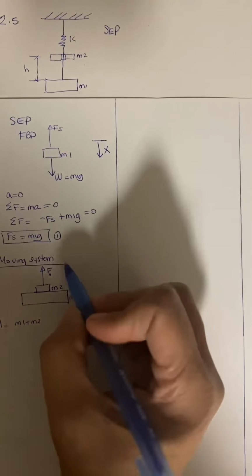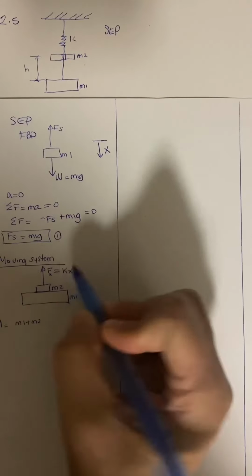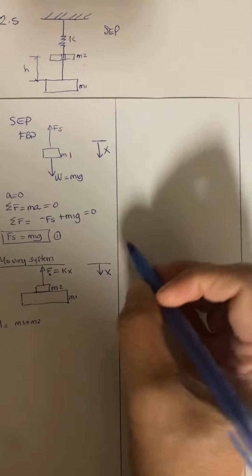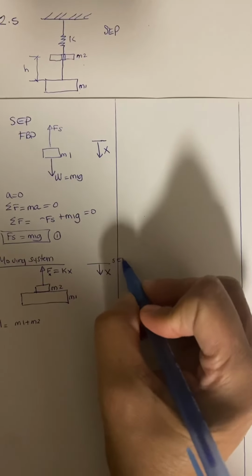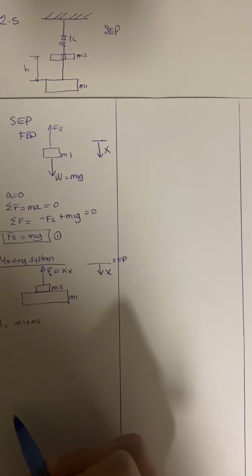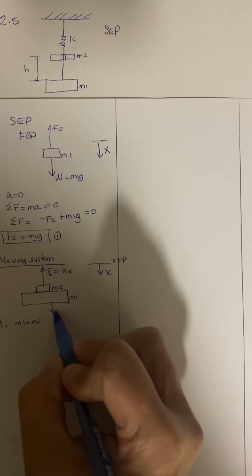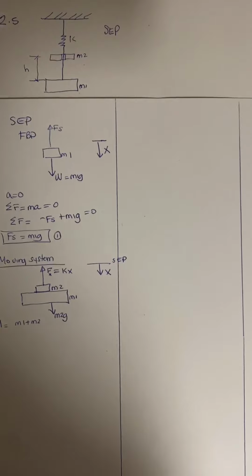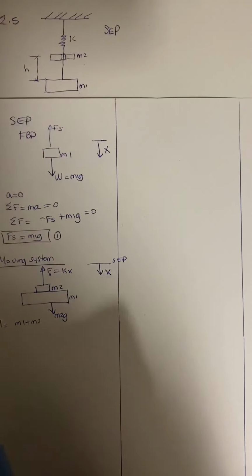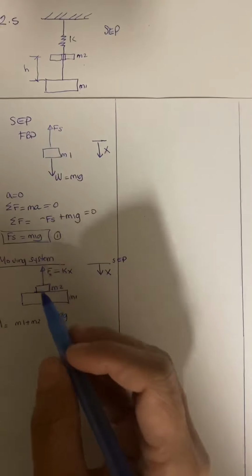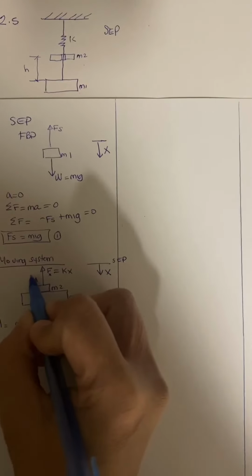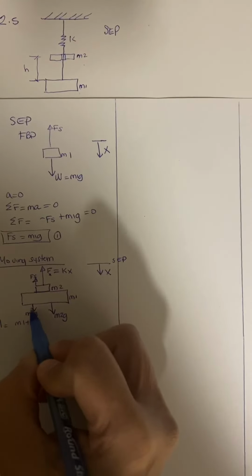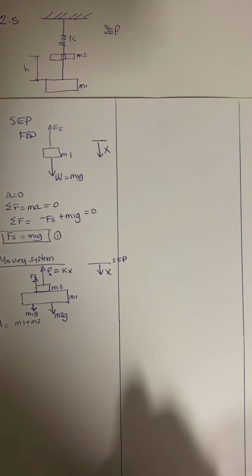So that is equal to kx, and x represents the distance from the static equilibrium position downward. Now we also have the weight m2g, which is an additional force. And just for illustration, we can show that the original forces, Fs and the weight m1g, will cancel out in this equation.